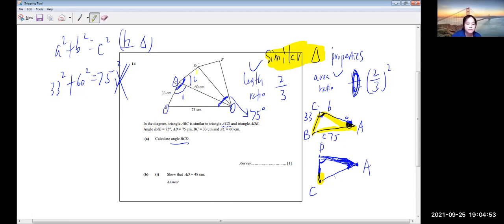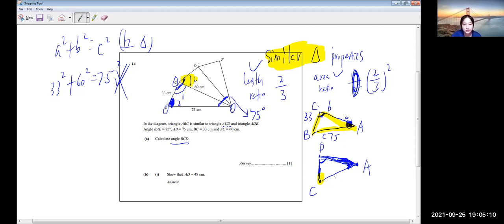Because if you look at it, this 2 is actually this one. Why?